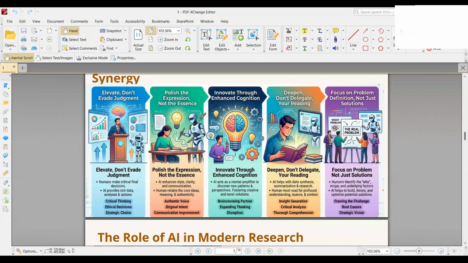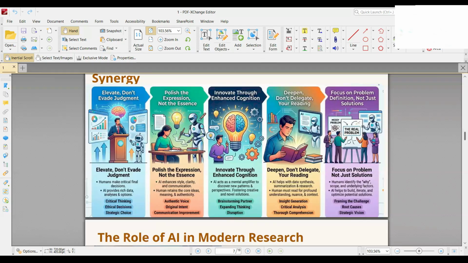So, the third pillar: innovate through enhanced cognition. Rather than simply viewing AI as a productivity boost, this pillar encourages us to treat it as a mental amplifier.